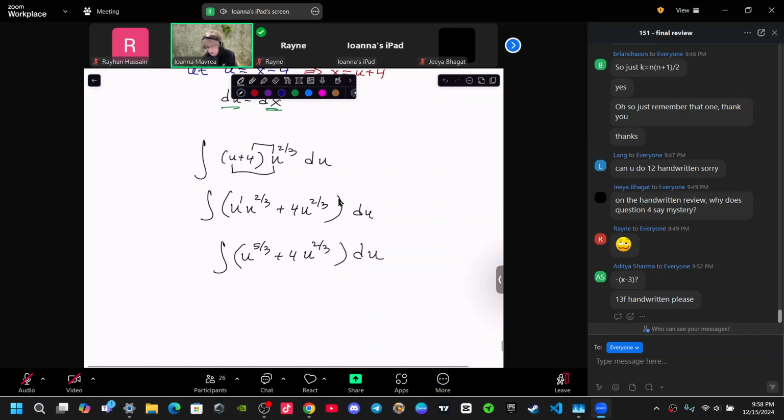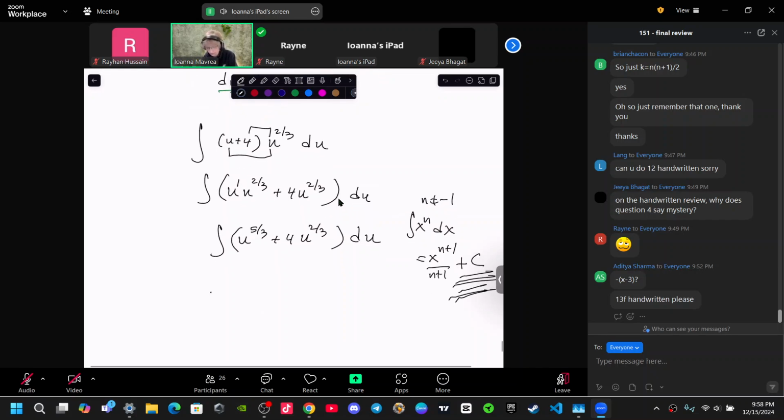And now you use the power rule that says if n is not -1, then the integral is x to one higher power, over the higher power, plus c. Okay, so this is u to the 5/3 plus 1. Don't add, please don't add. 5/3 plus 1.